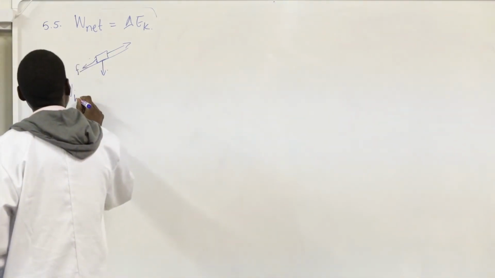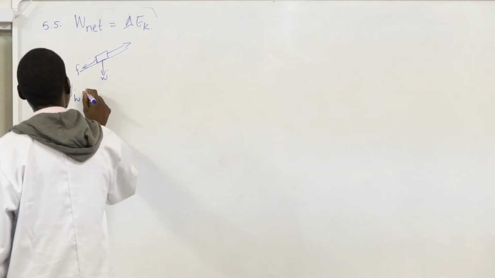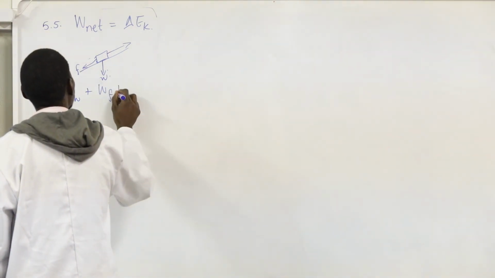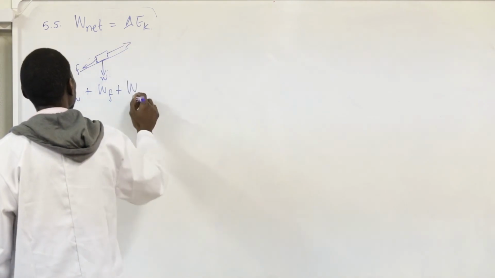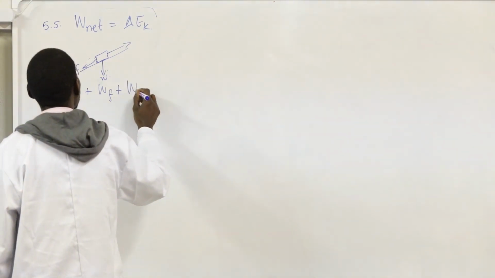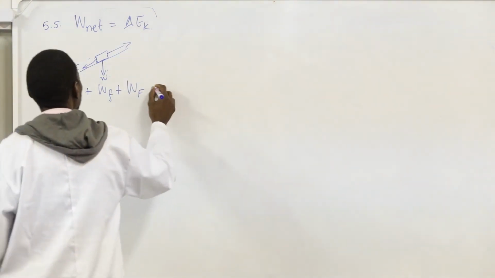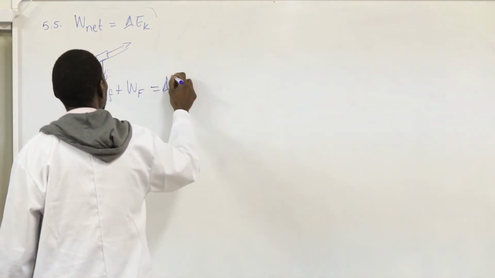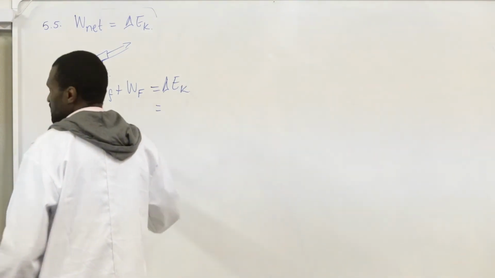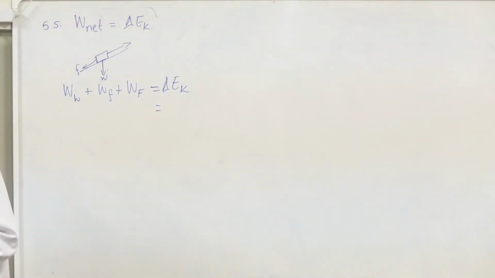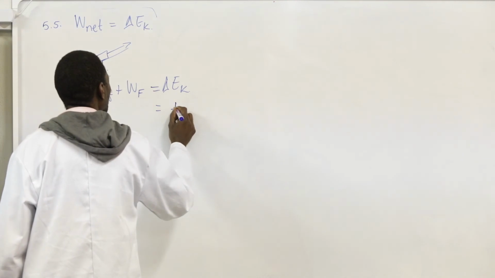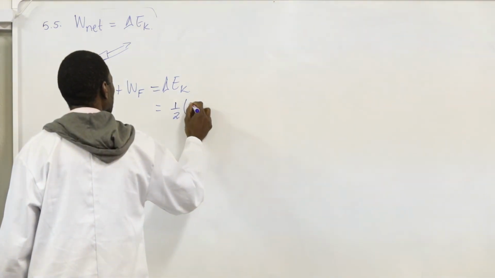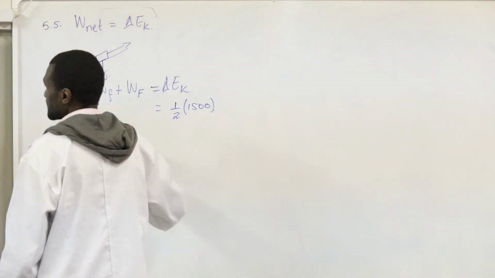So work done by weight, which comes down, plus work done by friction, plus work done by the force going up, right? It should give me the change in kinetic energy, which I already know for this particular situation is half of mass 1,500, okay?